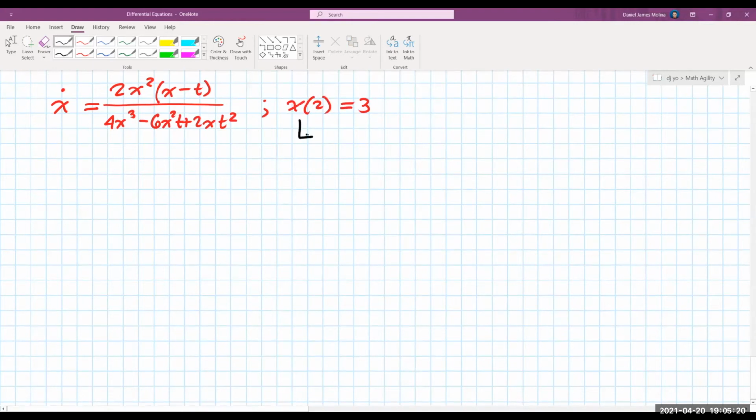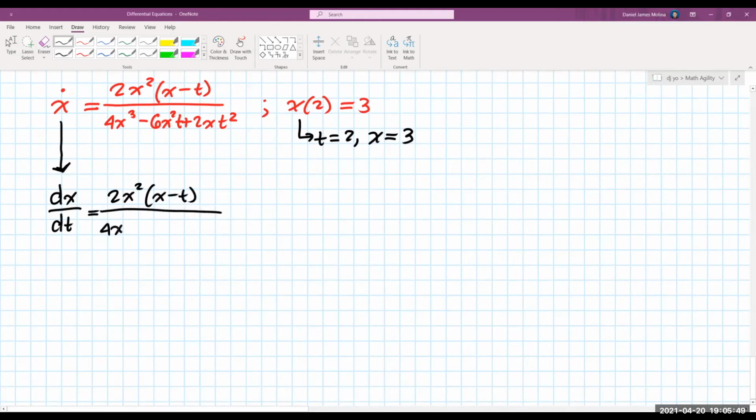So at t equal to 2, we have a value of x equal to 3. This x dot is the first derivative of x with respect to the independent variable, which is t.